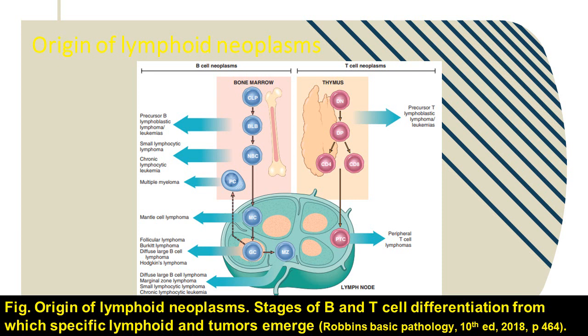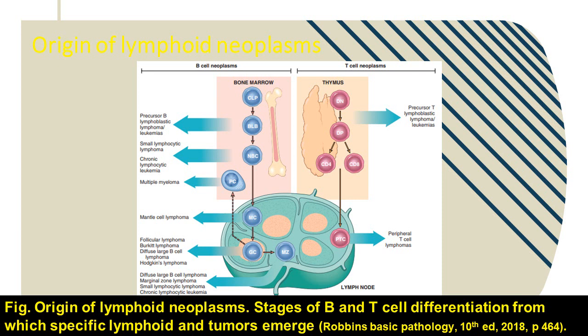For the T cell differentiation, it mainly starts from the thymus, at which the double negative CD4 CD8 negative pro-T cells give rise to the double positive CD4 CD8 positive pre-T cells, then the single positive CD4 or CD8 cells, and finally the peripheral T cells.